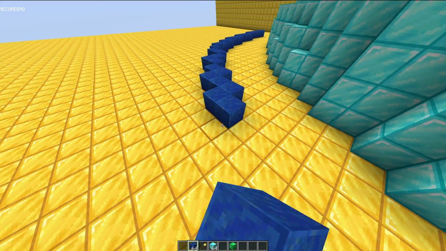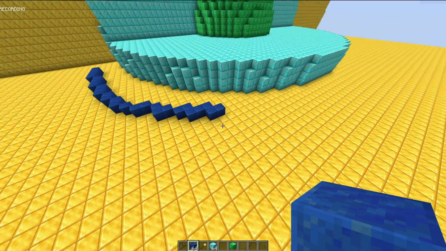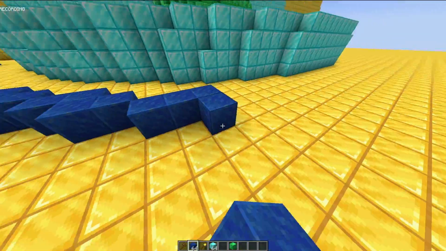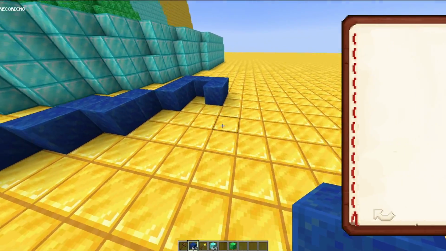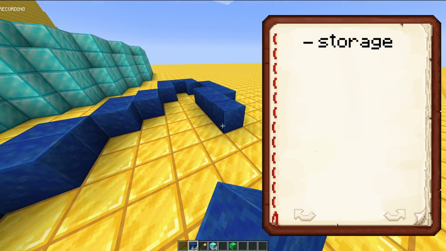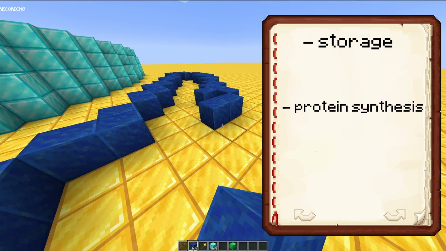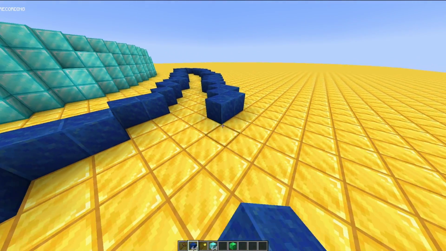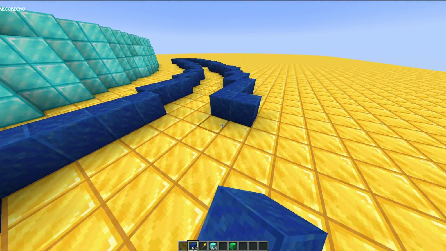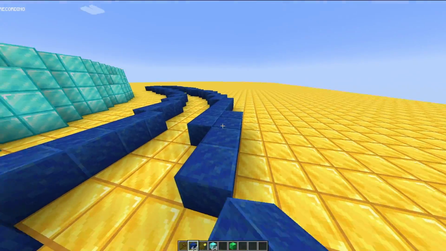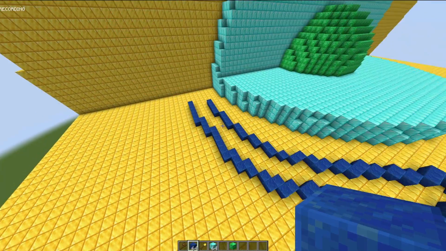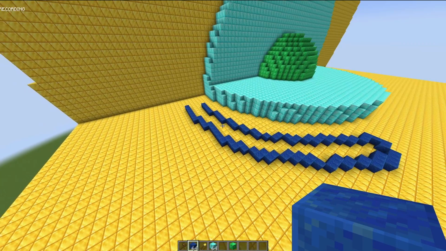Now finally, the endoplasmic reticulum. This is what I am building in lapis right now. I didn't fully finish this, but it will be finished by next episode. The purpose of this is storage, mainly protein synthesis, and lipid metabolism. You might know that we have a rough ER and a smooth ER, ER being endoplasmic reticulum, so there's a smooth endoplasmic reticulum and a rough endoplasmic reticulum.